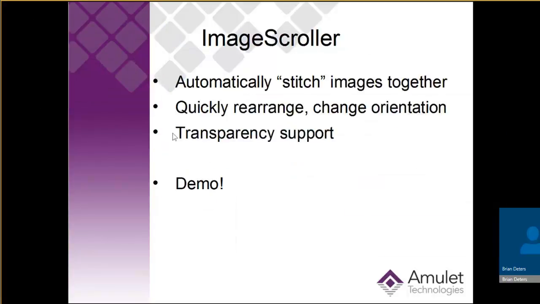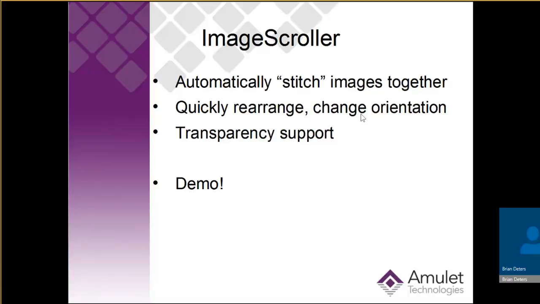All right, the ImageScroller. This widget is kind of like your iPhone-style vertical or horizontal scrolling selection object, like a list selector. And the new feature is that it can automatically take several smaller images and stitch them together into one large image.